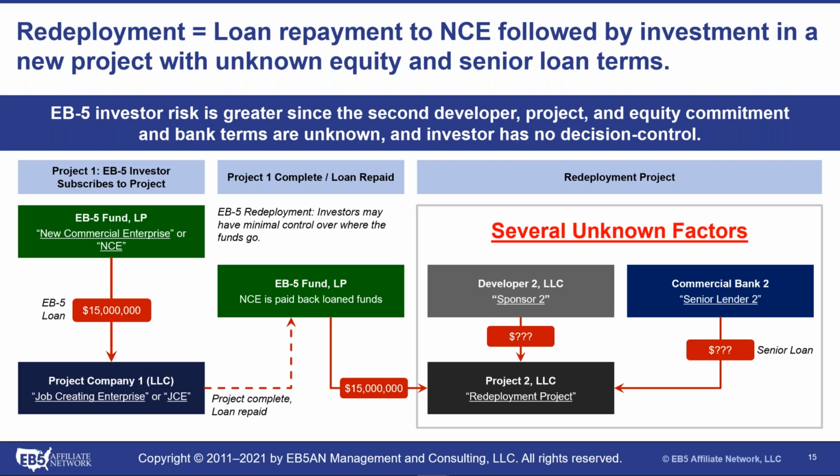You have the same NCE, EB5 lender, of course, that's making the redeployed loan. But very similar to the original offering structure, the original project capitalization structure, you have the same picture here in the redeployment project structure. Is there senior financing? What's the project company, developer, or sponsor equity? We have the EB5 loan.